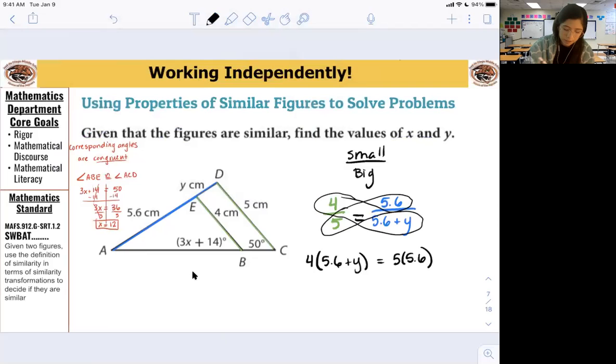Okay. And then I'm going to multiply. 4 times 5.6. I think it's 22.4. I did that in my head. Let me see if it's right. Okay, it's right. Good. 5 times 5.6.